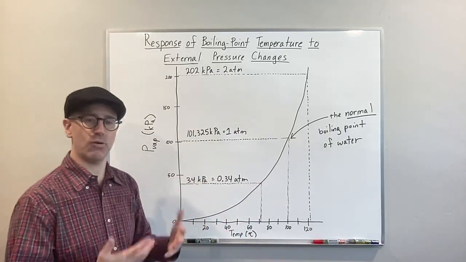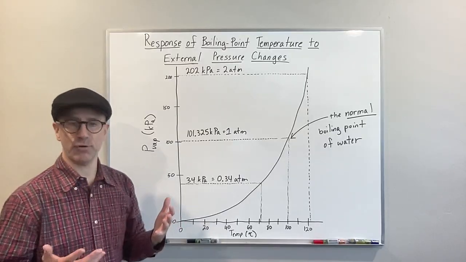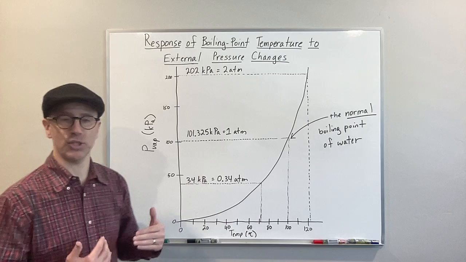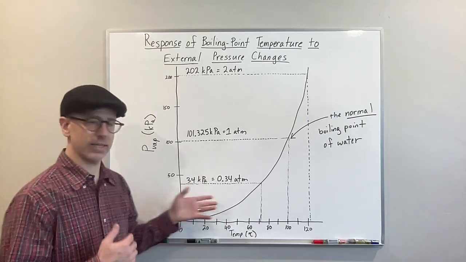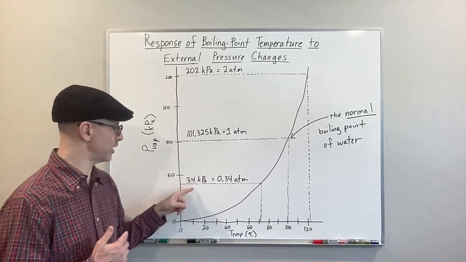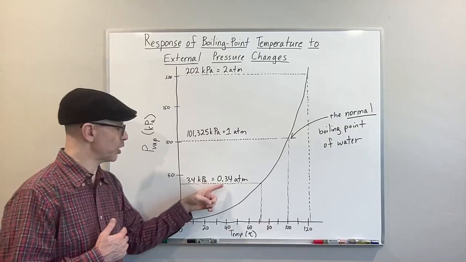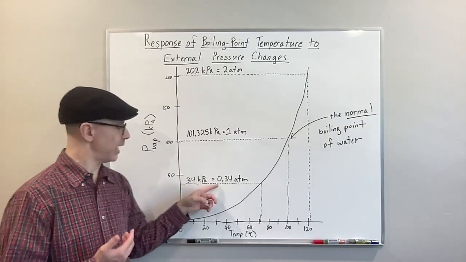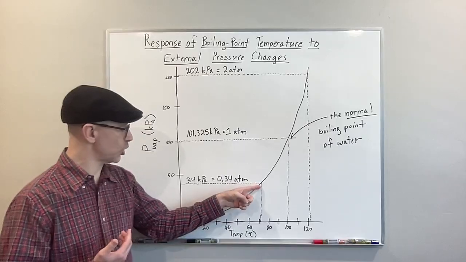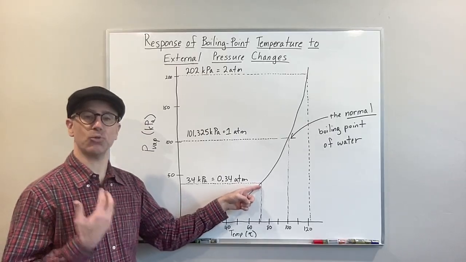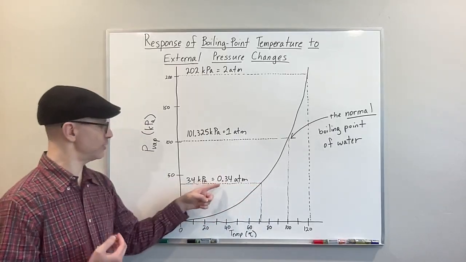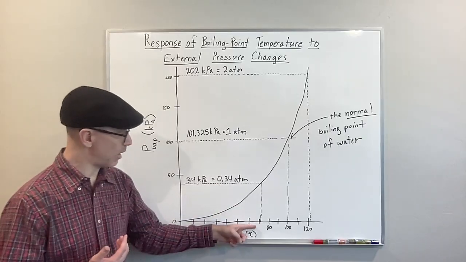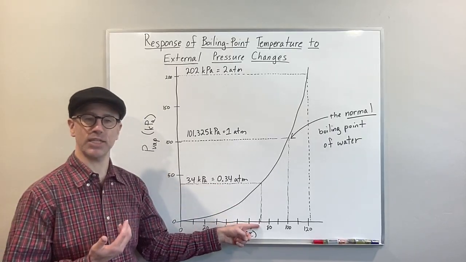If you're up in the mountains, like Mount Everest, your external pressure is going to be much lower. At the top of Mount Everest, the atmospheric pressure is about 0.34 atmospheres. And you can see that the temperature at which you would reach a vapor pressure of 0.34 atmospheres is about 72 degrees Celsius.